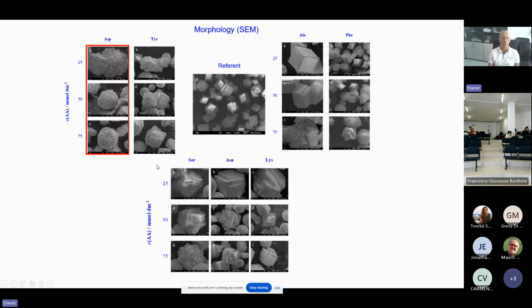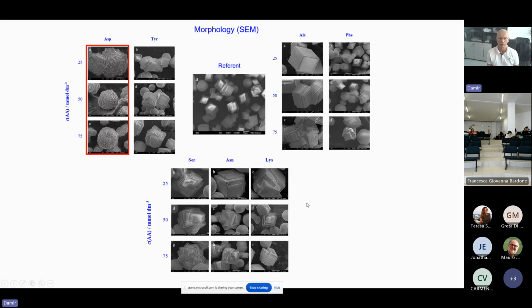Probably with the addition of more tyrosine, they will become spherical as well. Alanine and phenylalanine didn't show any significant effect. Calcite appeared in the form of regular rhombohedrons, and vaterite was formed in the form of smooth spherulites.